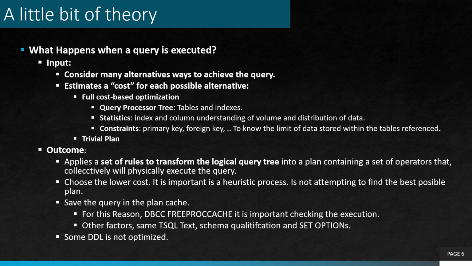It's very important to mention two things. SQL Server is going to choose always the lowest cost, but sometimes that is not possible because of the combinations; the process would take too much time, so it's going to discard some.